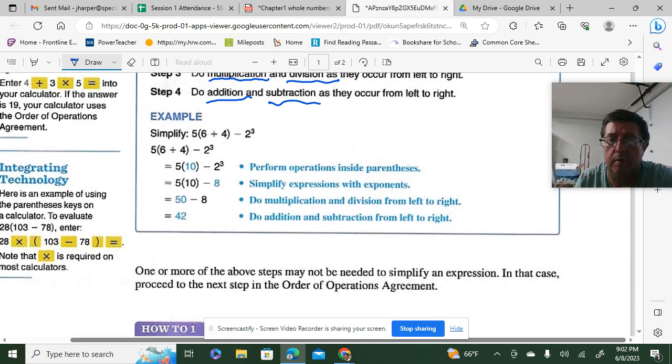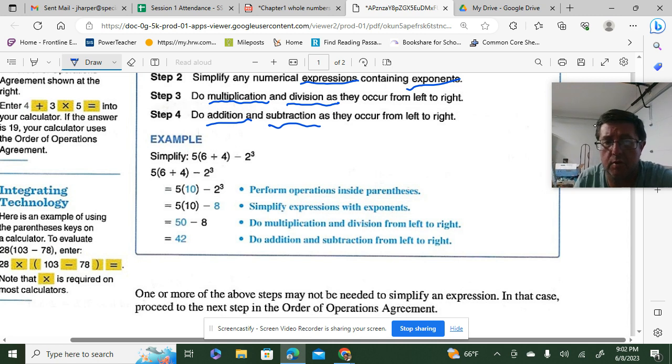So again, right here it shows 5 times parentheses 6 plus 4, minus 2 to the third power. Well, if they want you to do inside these parentheses first, you're going to do what's inside the parentheses first, so you get 10.